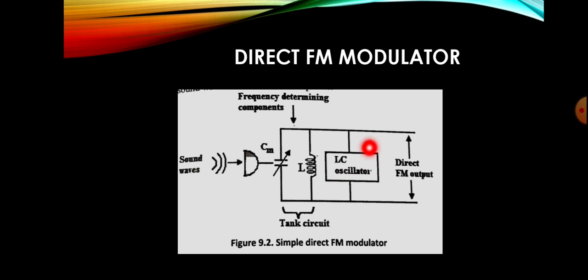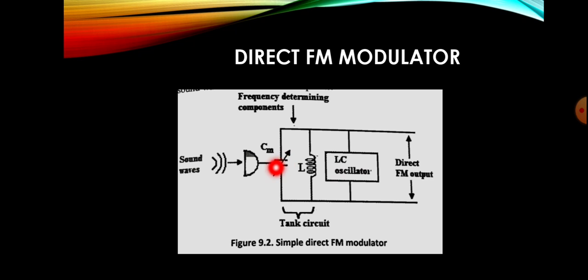In the LC oscillator there is a coil and capacitor. Similarly, outside there is a tank circuit, CM and L, and based on the value of this, the frequency produced by the oscillator will change.